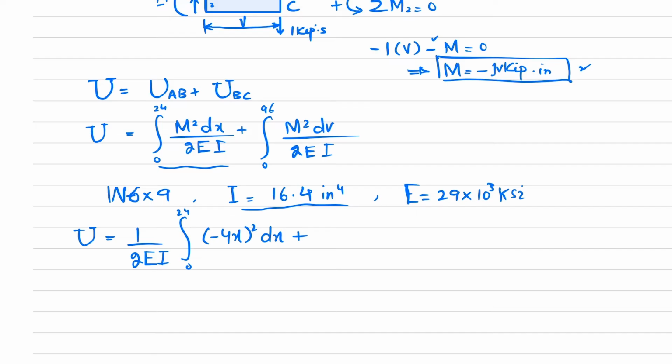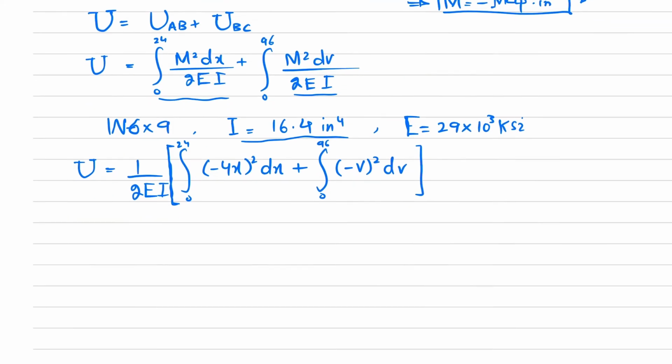You can see 1 over 2EI is also common, so if I take it common, in a square bracket, we are left with integral of 0 to 96, and that will be minus v squared, because you can see this is minus v squared into dv, and we are closing the square bracket.